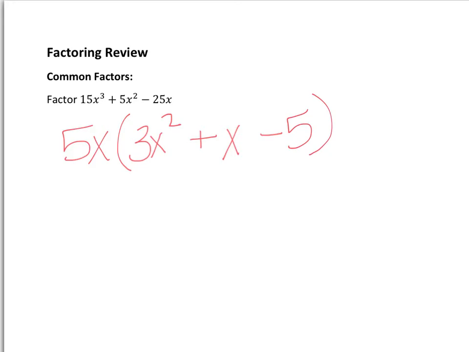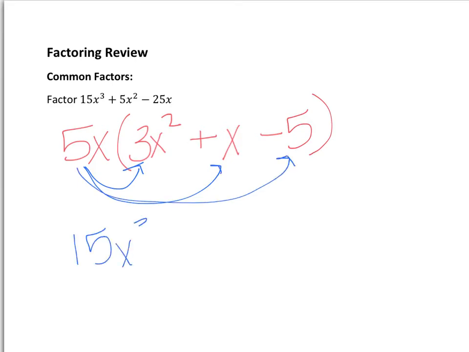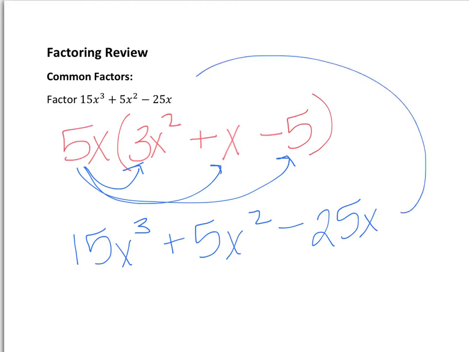Double check your work if you are unsure about your factoring by multiplying back in. If I distribute this 5x back in, I'm going to get 15x cubed plus 5x squared minus 25x. If that matches your original polynomial that you started with, then you have factored it correctly.